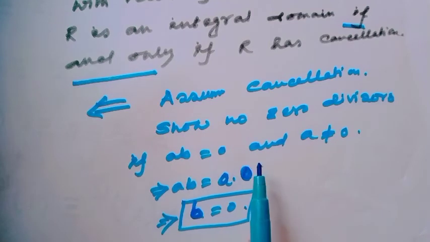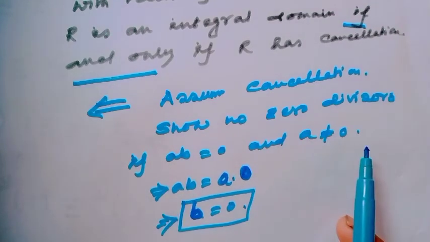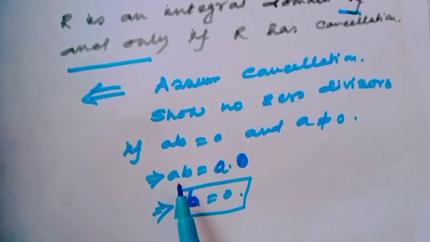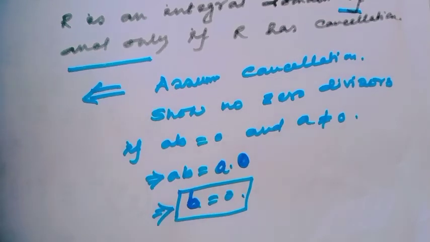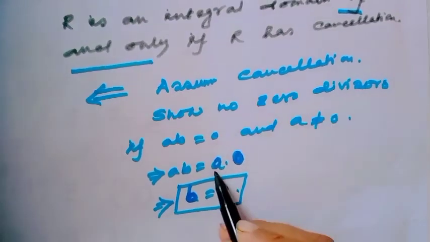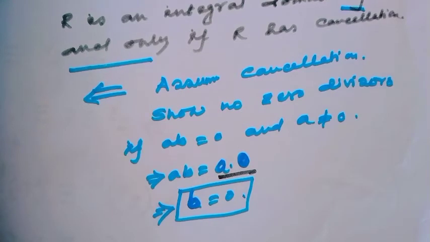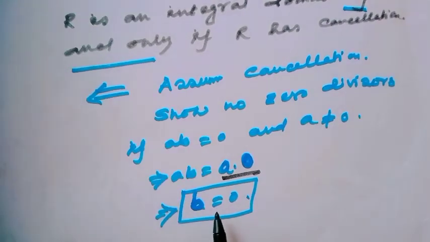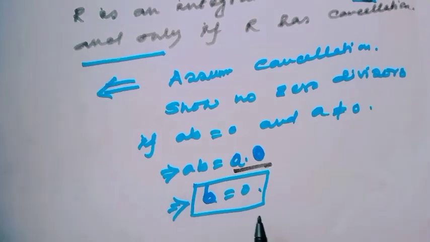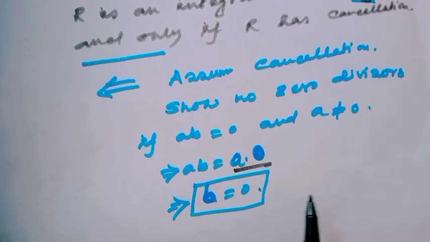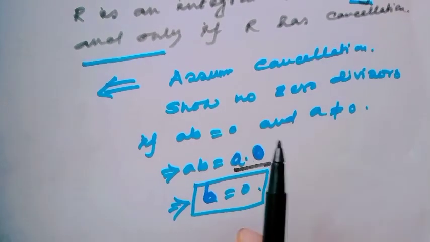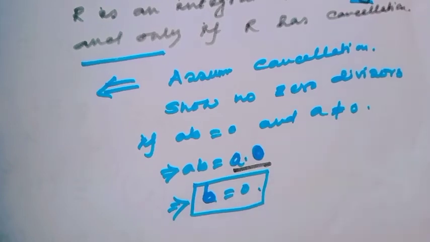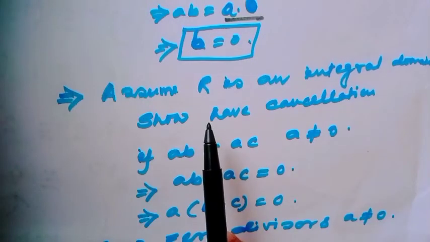If AB = 0 where A is not equal to 0, then we can write this equation as AB = A times 0, which implies B = 0. That means there exists no divisor of 0. With no divisor of 0, a product of two terms equal to 0 always implies one of them should be equal to 0. Now I will prove the other direction.